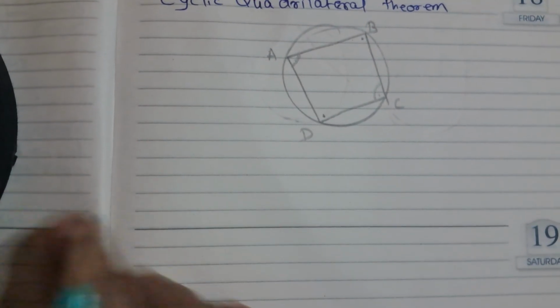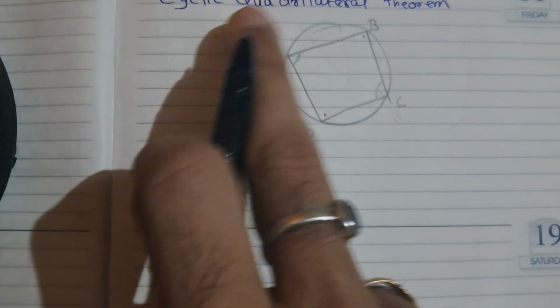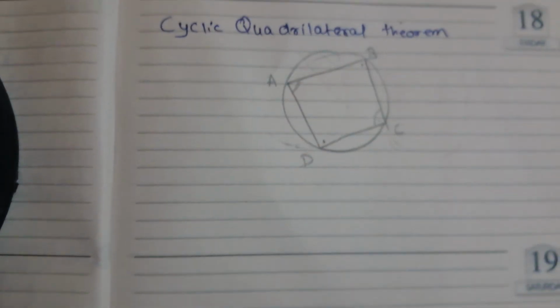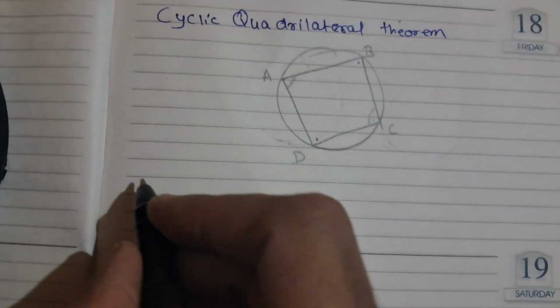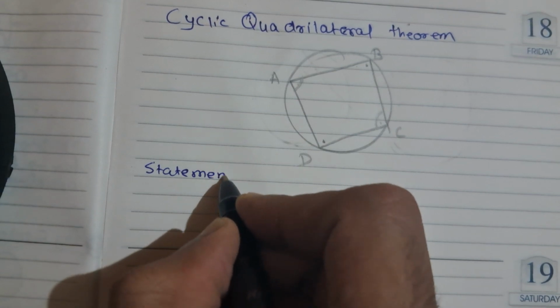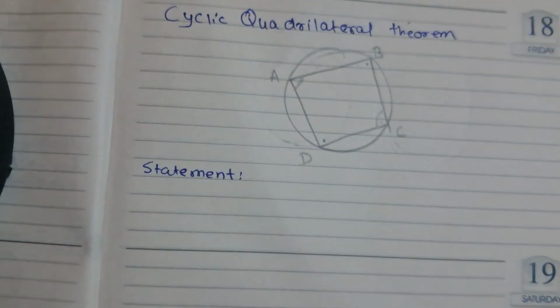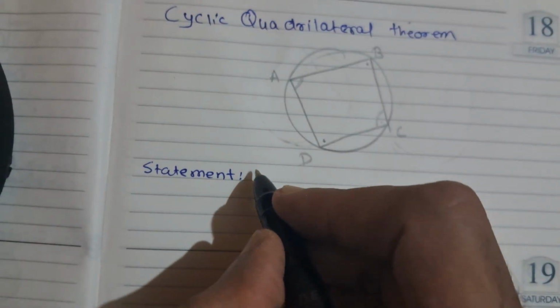First of all, in exams, usually the sum comes like: state and prove the cyclic quadrilateral theorem. So if they ask you to write the statement, you will have to write the statement. So let's see what the statement of the cyclic quadrilateral theorem is. The statement says: opposite angles of a cyclic quadrilateral are supplementary. That is the statement itself.